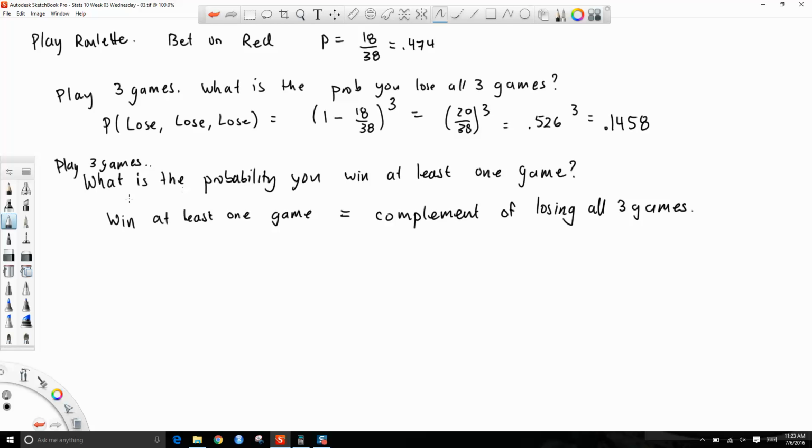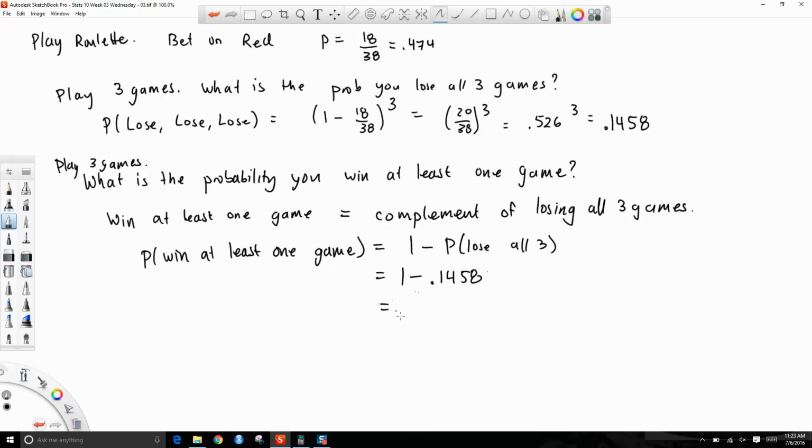So we can find the probability of winning at least 1 game: it is going to equal 1 minus the probability of losing all 3. And so we will have 1 minus 0.1458, which is 0.8542.